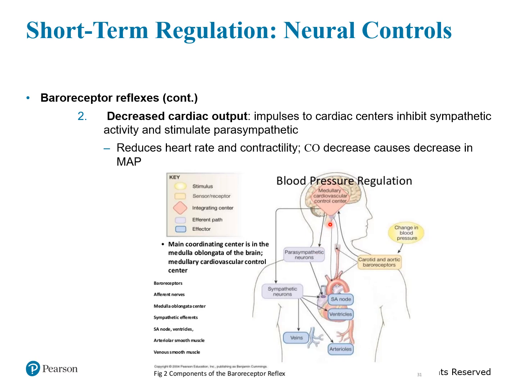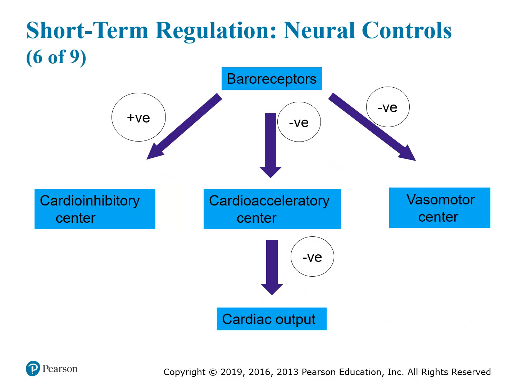In the medulla we have the cardioinhibitory center and the cardioacceleratory center, and those centers send signals to the parasympathetic and the sympathetic systems, which decreases the heart rate. Then through the vasomotor center, signals go to the veins and the arterioles, and the veins and arterioles dilate. This is how they manage the blood pressure.